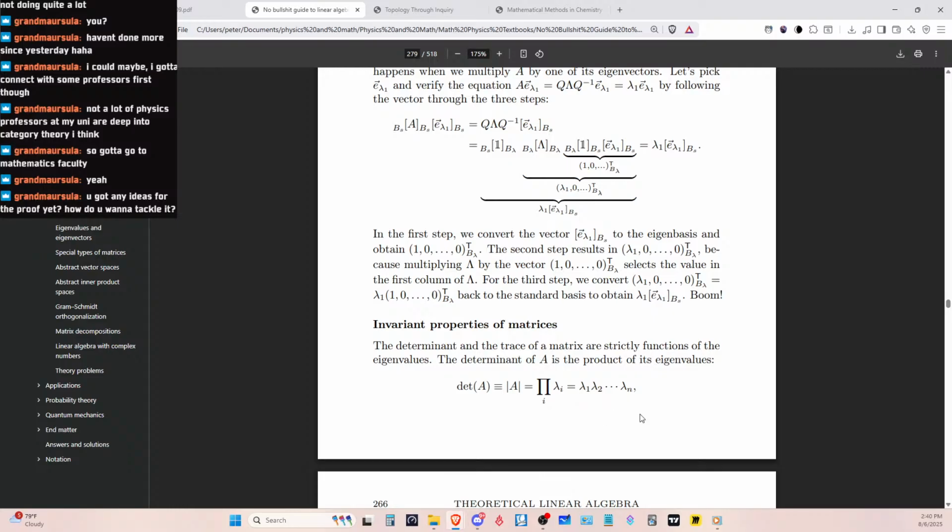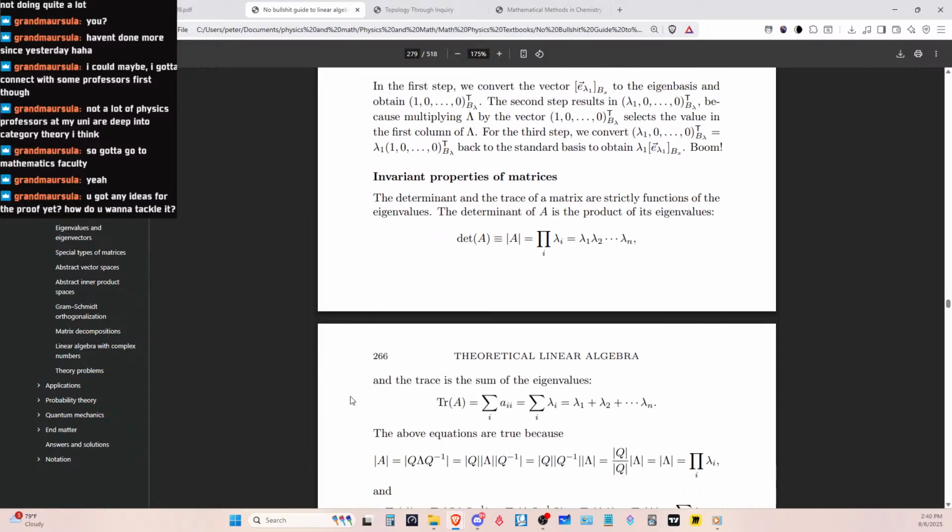Oh, that's interesting. Invariant properties of matrices. The determinant and the trace of a matrix are strictly functions of the eigenvalues. The determinant of A is the product of its eigenvalues, and the trace is the sum of the eigenvalues. Oh, okay. That is very interesting.